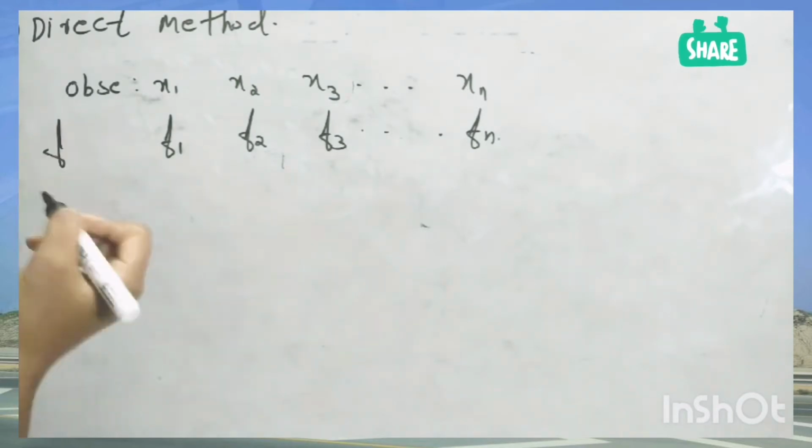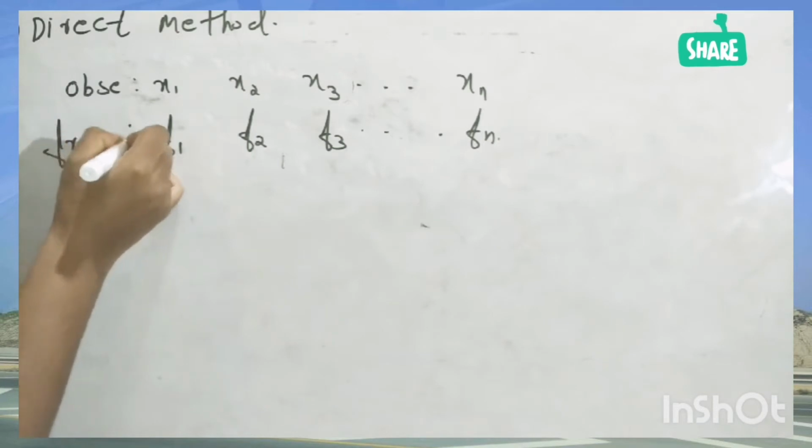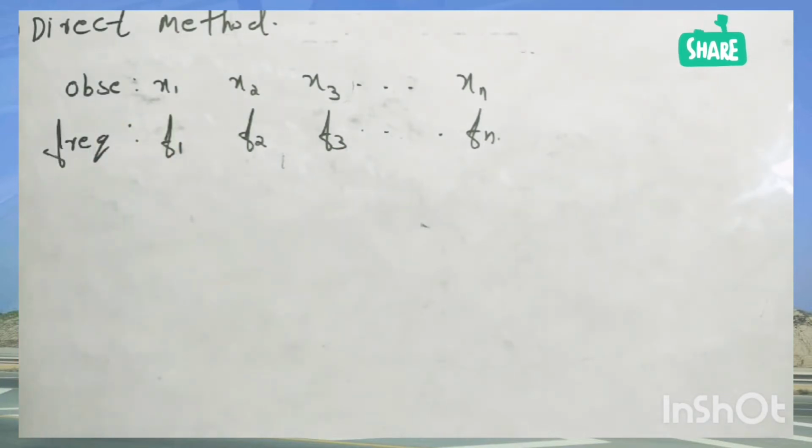This f1, f2, f3, etc. fn is called frequencies. So we have n observations and the corresponding frequencies, and now we need to calculate the mean of those observations.